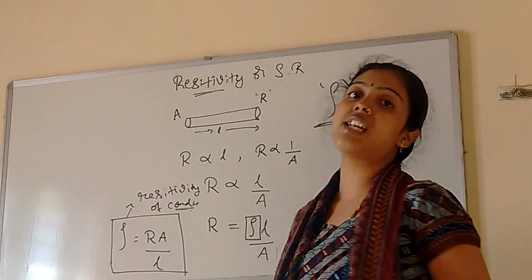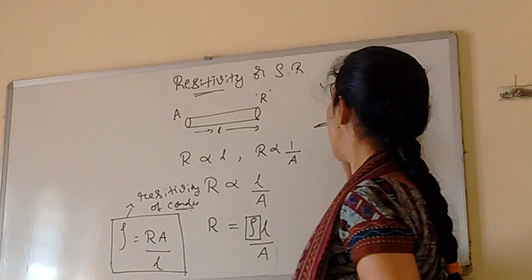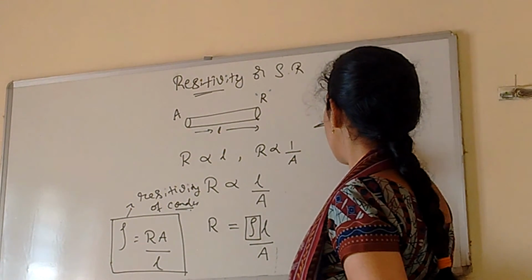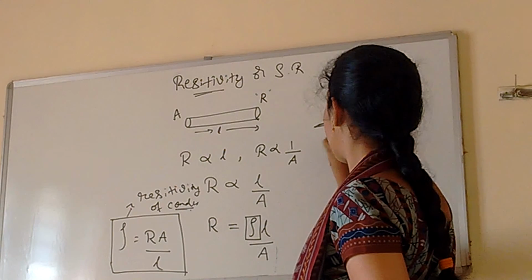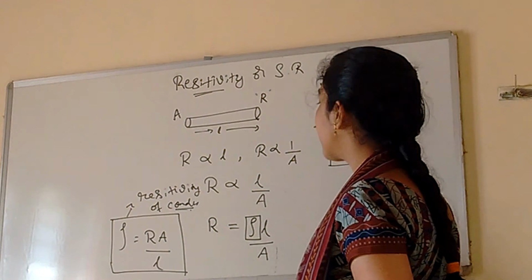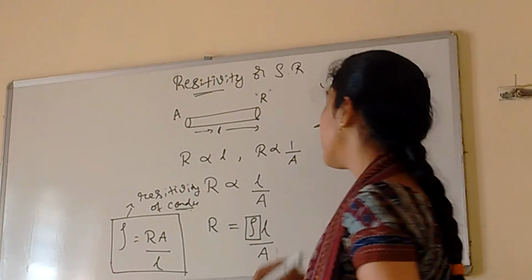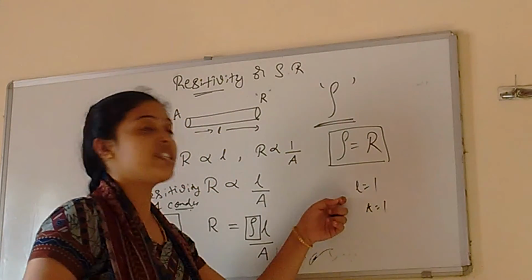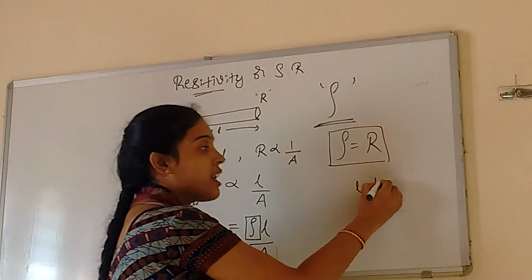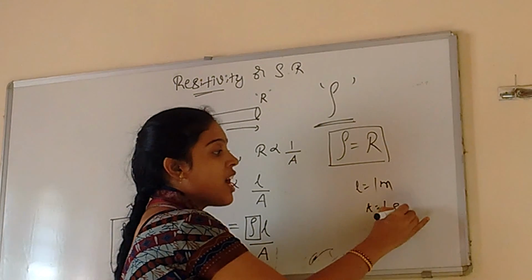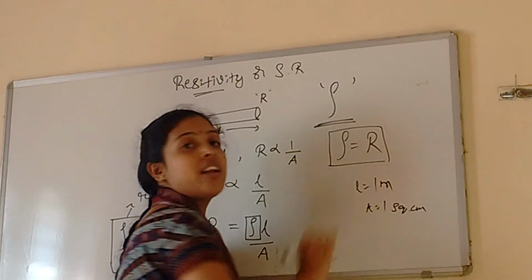From this I can define the resistivity of a conductor. Rho is equal to the resistance of that conductor when the conductor is having L equal to 1 and A equal to 1. That means the conductor is having 1 meter length and 1 square centimeter area.